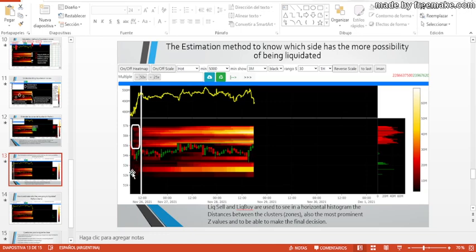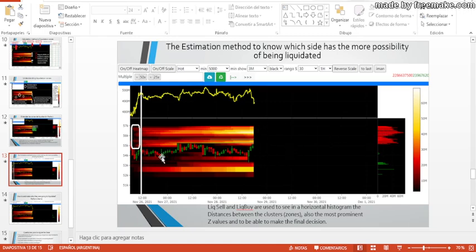In this case, we have more liquidation zone at the top. Clearly, you will see that the Leak Sell is more than the Leak Buy. So that liquidation zone has more possibility of the price going to liquidate it.